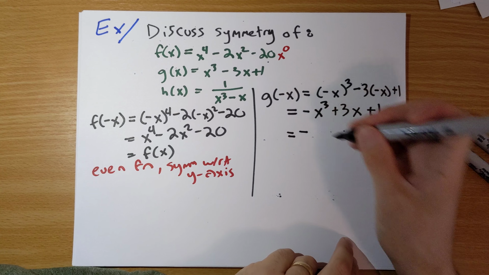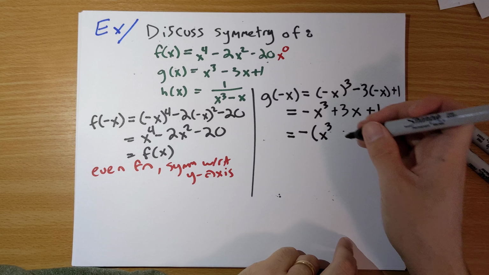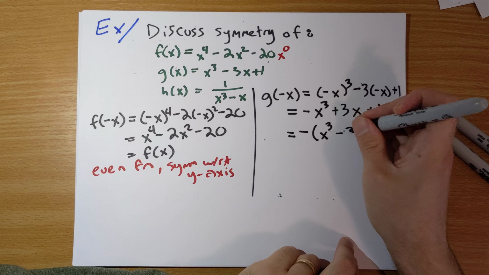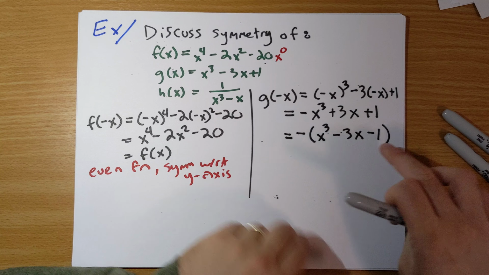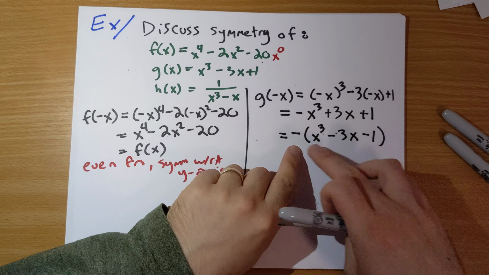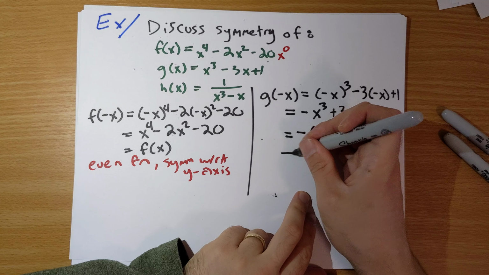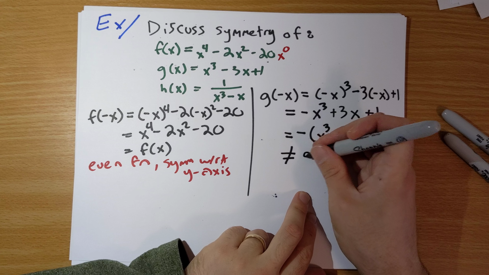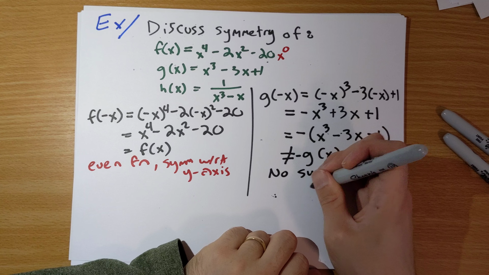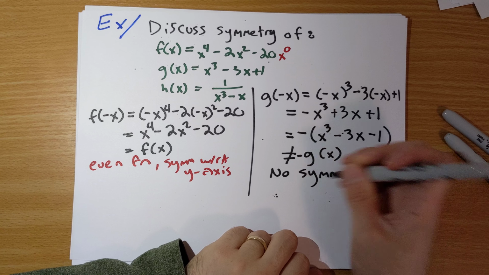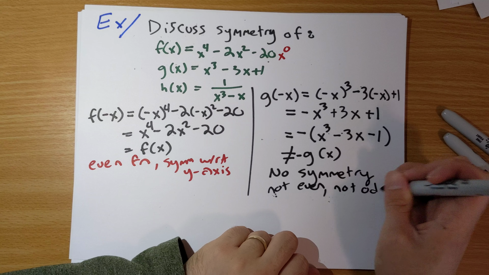If we factor out a negative sign, this looks like negative x cubed minus 3x minus 1. And note that this isn't negative g of x because the plus 1 has become a minus 1. So this is not equal to negative g of x. There's no symmetry. This is not even and not odd.